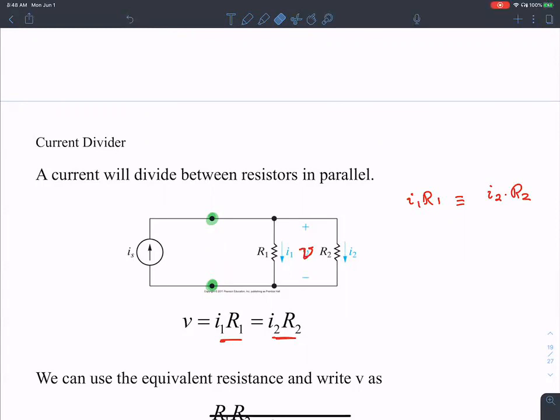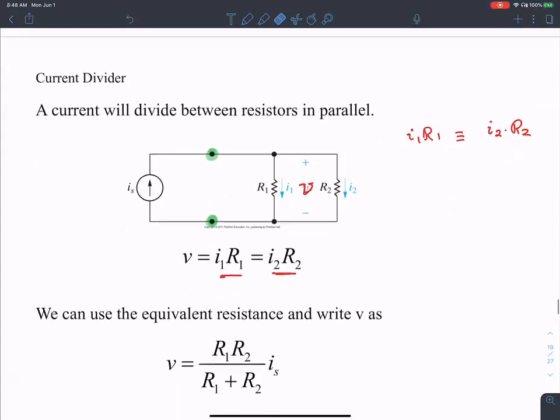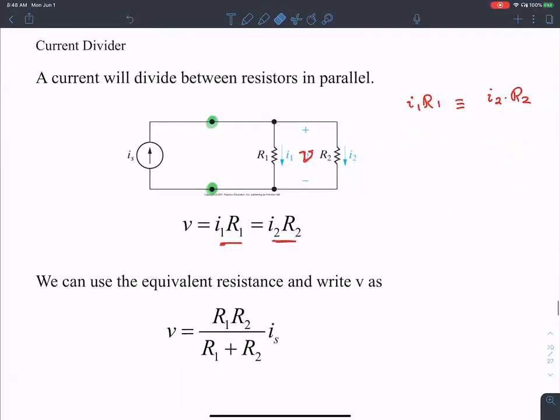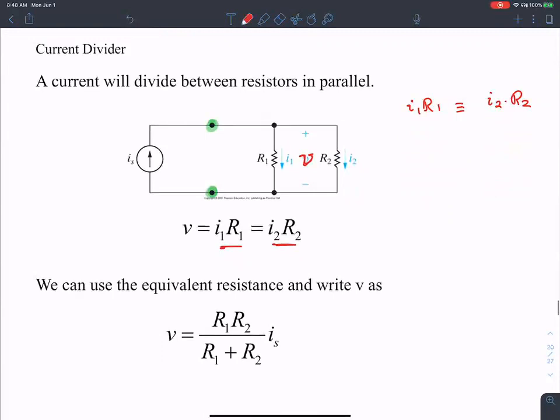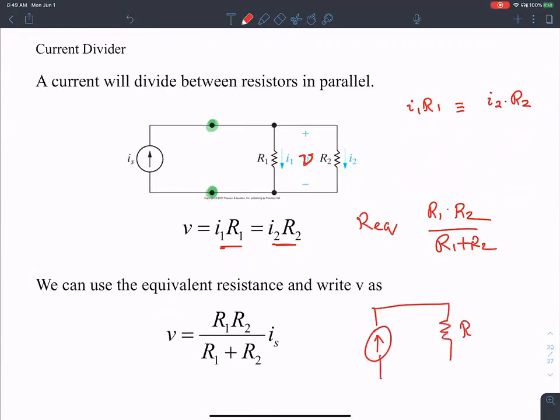So I1 R1 is exactly equal to I2 R2, and then we can use the equivalent resistance. The equivalent resistance is R1 times R2 over R1 plus R2. That's the R equivalent.